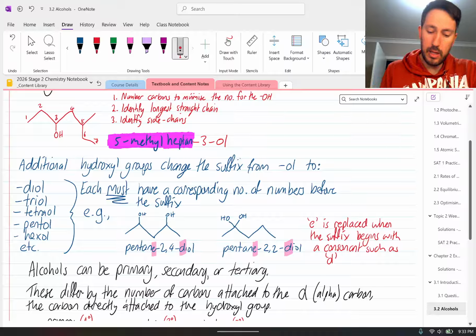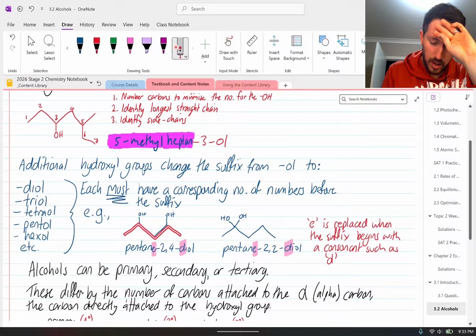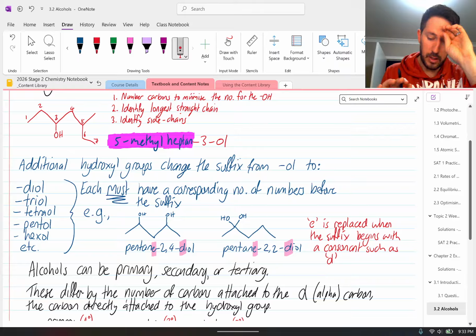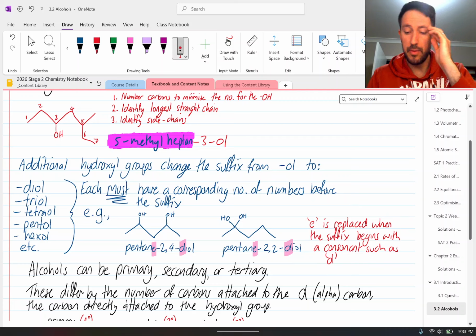Regardless, if we look at these examples, if you see this molecule here, you do the exact same thing as normal. You go 1, 2, 3, 4, 5. That'll give us our pentane bit. Now, just before I continue, there is a bit here that I've written that should be read carefully.